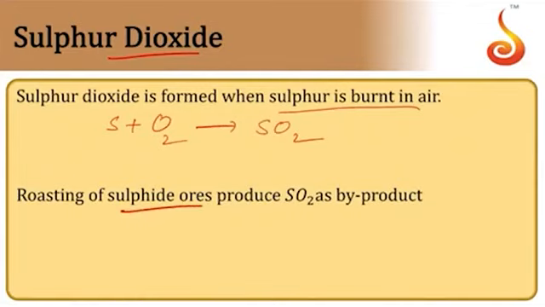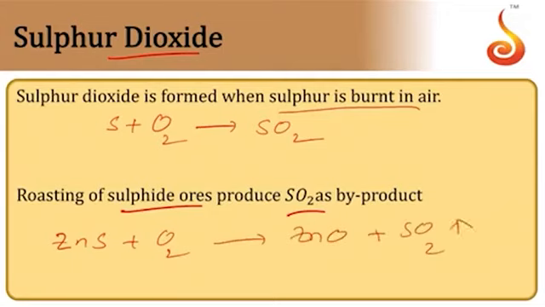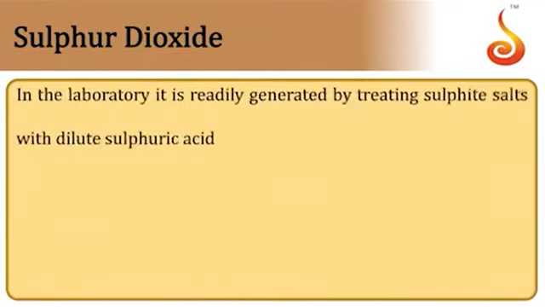Roasting of sulfide ores also gives sulfur dioxide as a byproduct. Suppose you take zinc sulfide; roasting in oxygen, that is an excess of air, we get zinc oxide plus the byproduct sulfur dioxide. Then in the laboratory it is prepared by treating sulfite salts with dilute sulfuric acid.